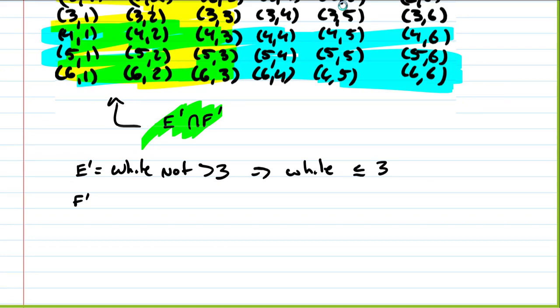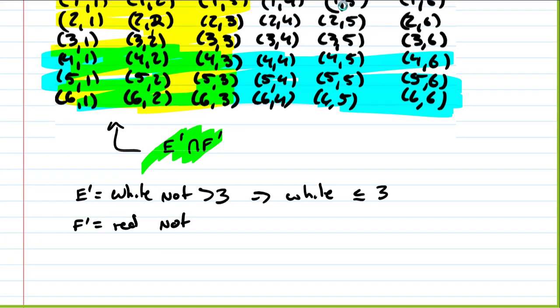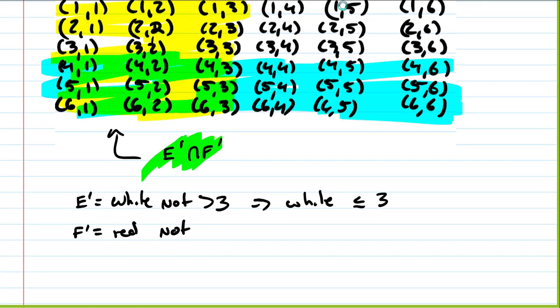And F prime, red not less than 4, is white greater than or equal to 4. If we do the same thing in our highlighting, we get the same picture, right?